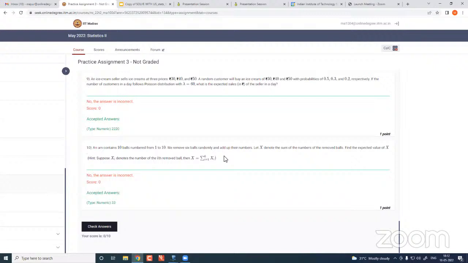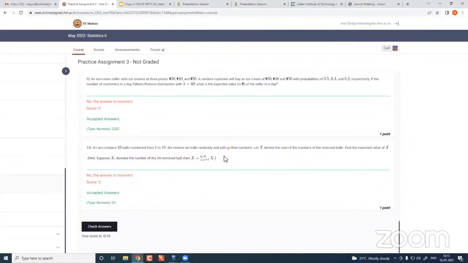What X can take is all the sums for any 6 numbers from 1 to 10. And what is the probability assigned to that? What will be the probability for any 6? 1 by 10C6.